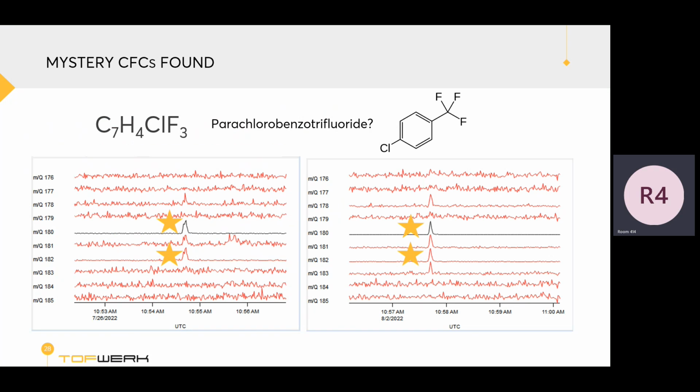So here's an example of one mystery compound. You can determine the chemical formula of this molecule, and if you type this into Google, you find some suggestions for what it might be. It's actually a xylene substitute that's used in a lot of industry. So this is at least a speculation as to the identity.